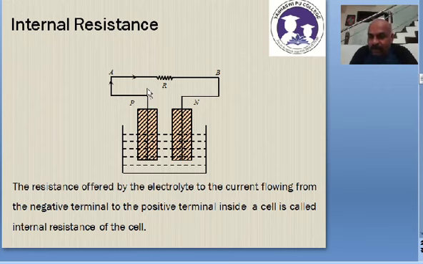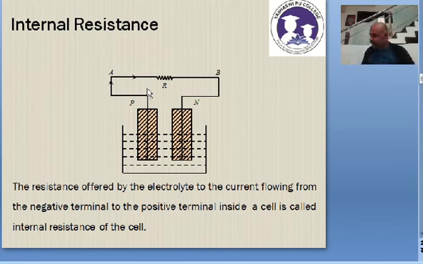It is the work done in transferring 1 coulomb charge, unit positive charge, through the external resistance, that is called terminal potential difference. Plus, the work also has to be done by the cell to transfer 1 coulomb of charge through the internal resistance also. Both include EMF.